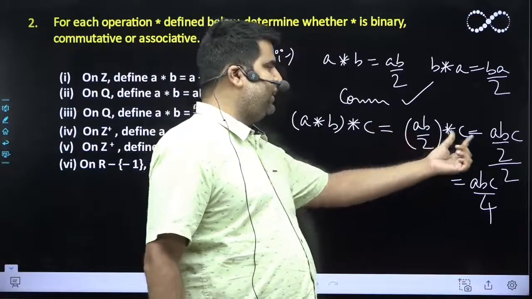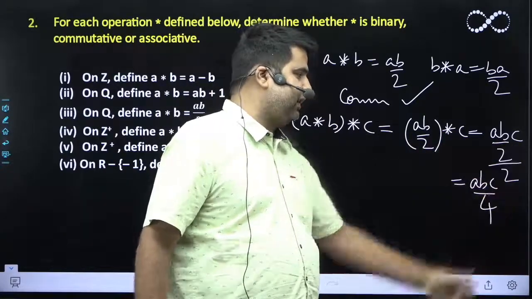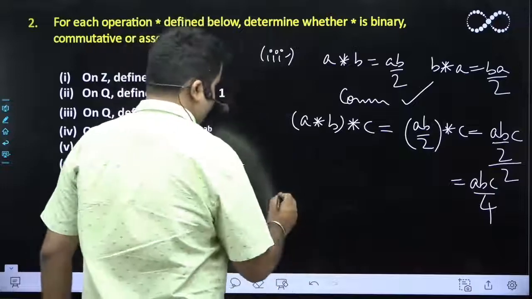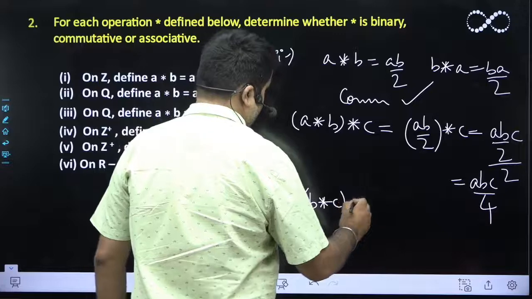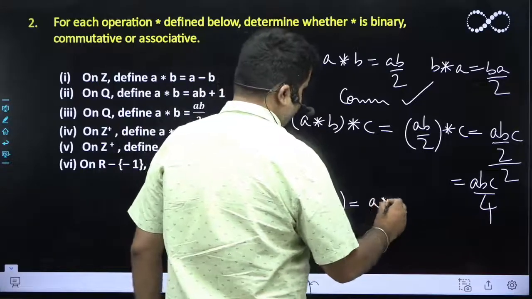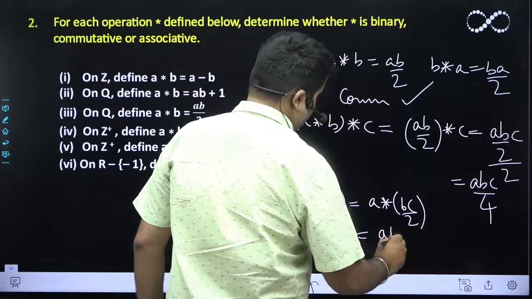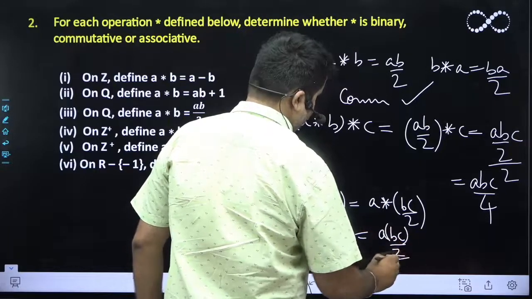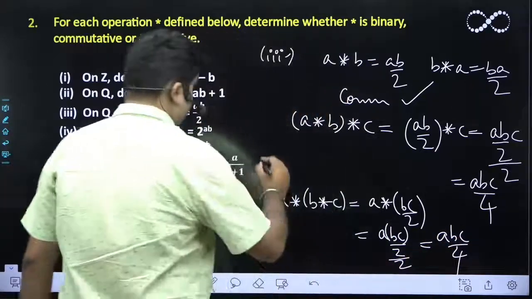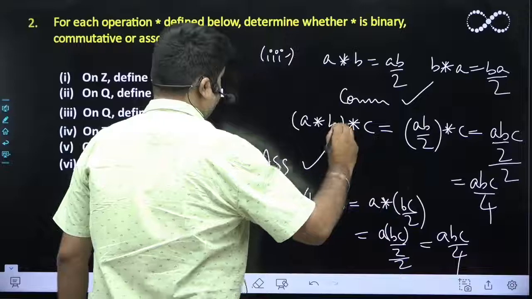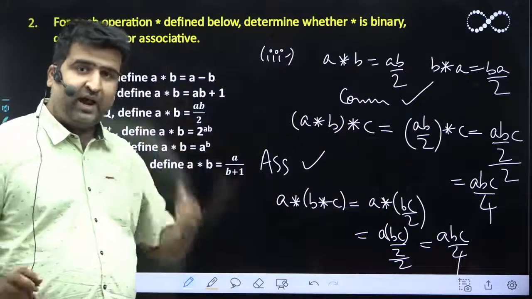Now we have AB by 2 star C, so it will be AB by 2 times C divided by 2. Right? And if we take A star B star C, this is equal to A star BC by 2, which is A times BC by 2 divided by 2, ABC by 4. So the associative property is satisfied. So this is both commutative and associative.